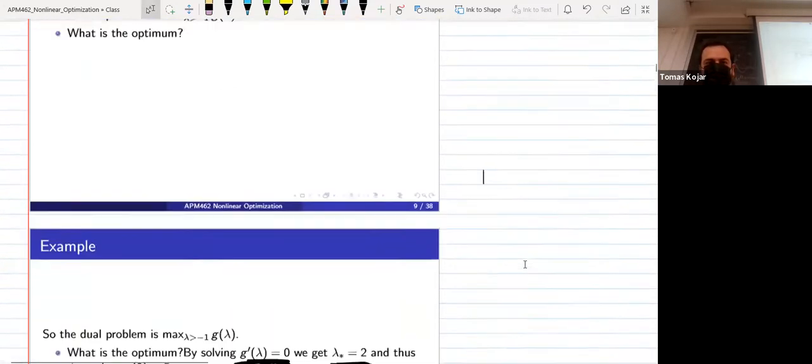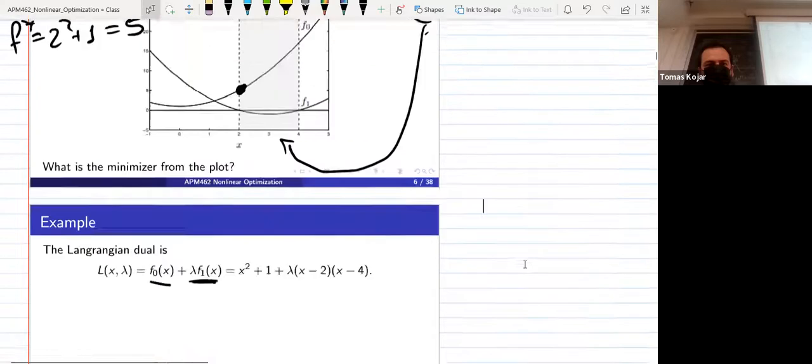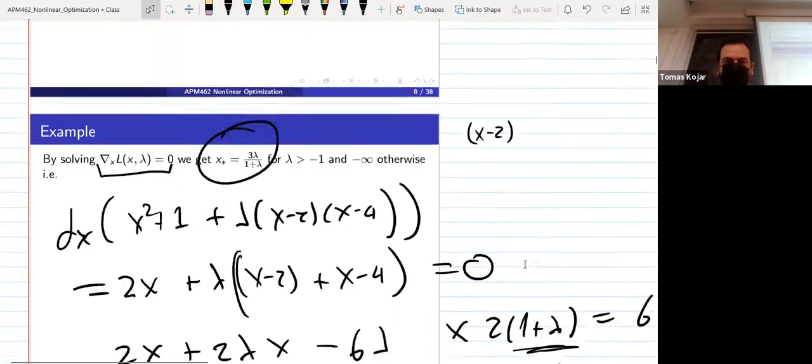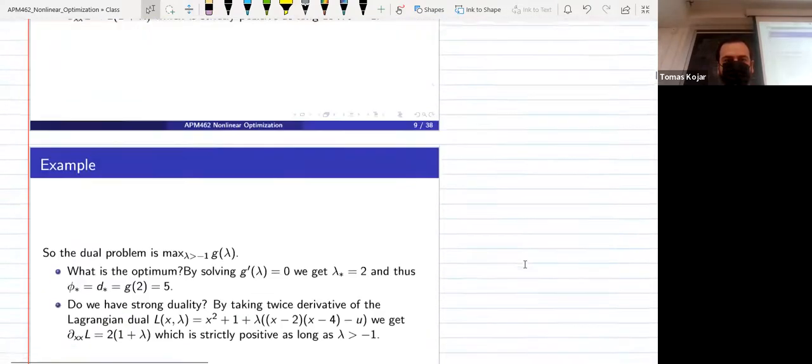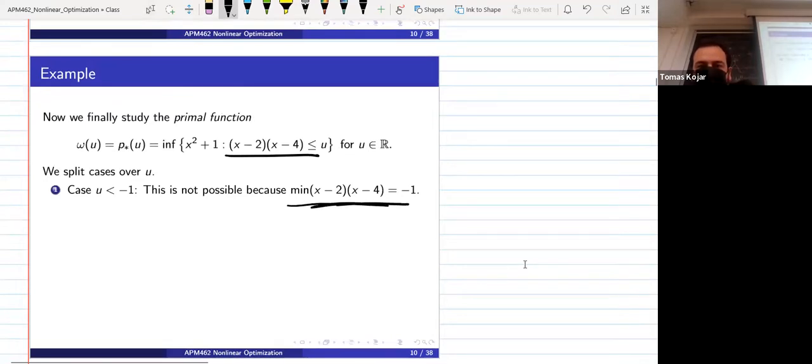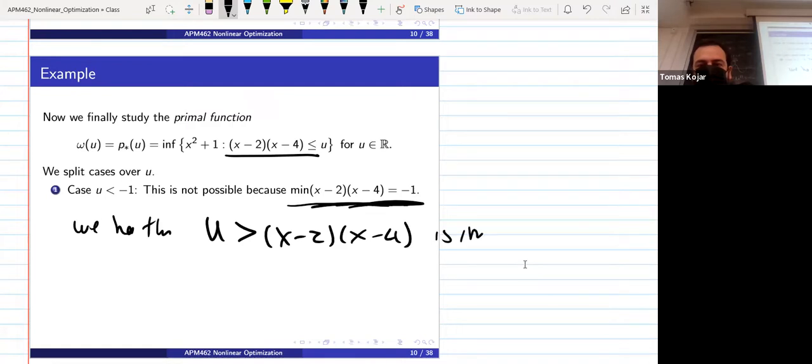I split on u minus 1 because I know this function from the plot. Where is it? Over here. I know that x minus 2, x minus 4 has a minimizer over here that is above minus 1. And so because the minimizer is minus 1, we have that x minus 2, x minus 4 less than u is impossible.